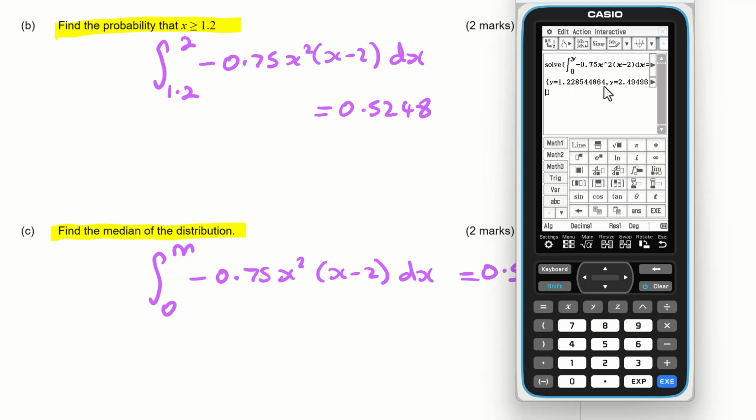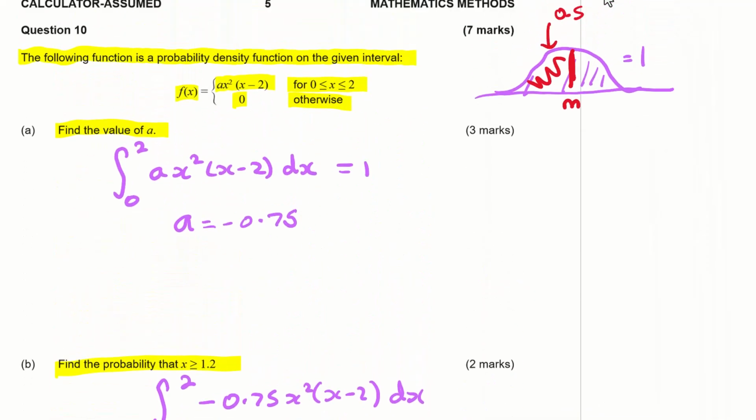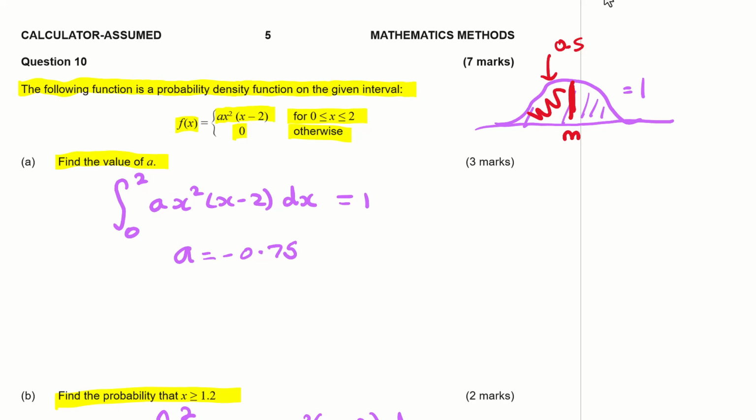Well, it's got to be positive, but it's got to be between 0 and 2, so it can't be that one. I could explain why. In fact, I will explain at the end why that one appears. So we've got the m is 1.2285.